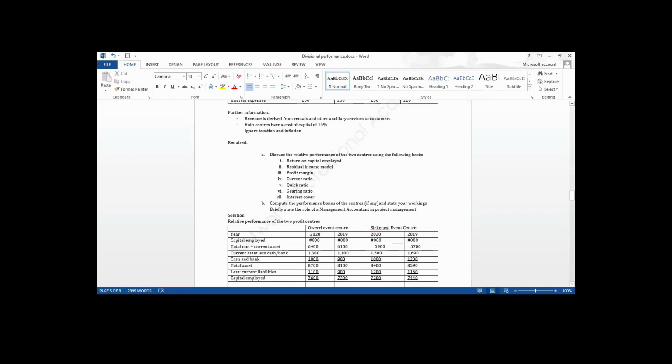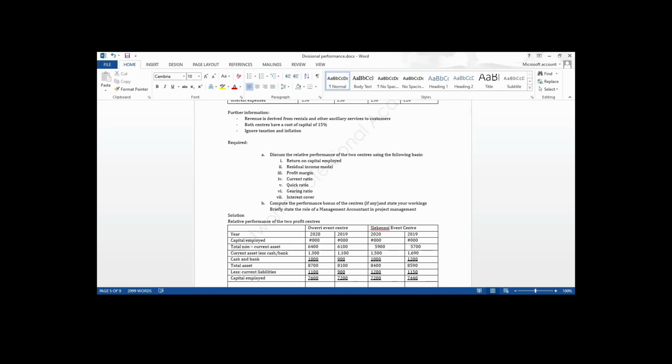Required A. Discuss the relative performance of the two centers using the following basis: return on capital employed, residual income model, profit margin, current ratio, quick ratio, gearing ratio, interest cover ratio.